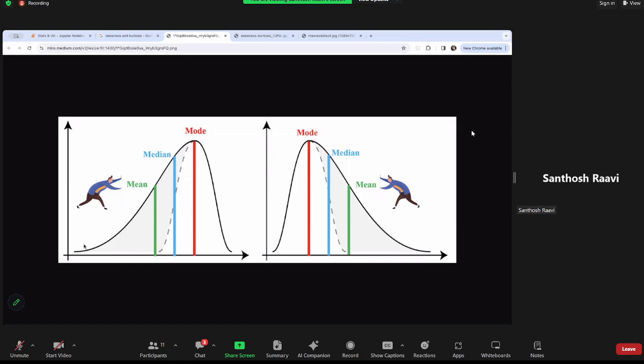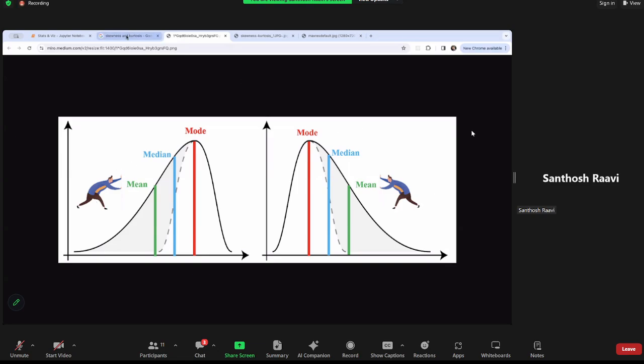It's only because of the presence of outliers. That's about left-tailed and right-tailed skew.